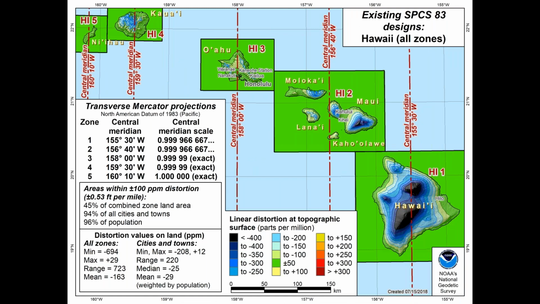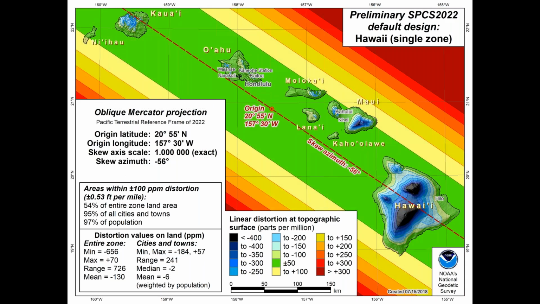So this is what we have in the state plane coordinates of 83, the design and the distortions that we have for each island. As you can see, it's pretty well distorted when you get up in the mountains, but in the low-lying areas, it's pretty accurate. By changing it to 1 zone, you can see that the distortions have gotten better, or less.